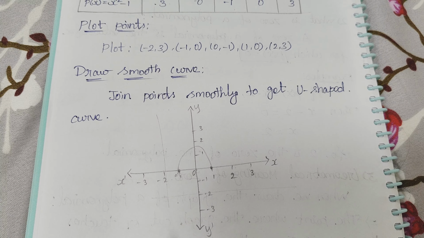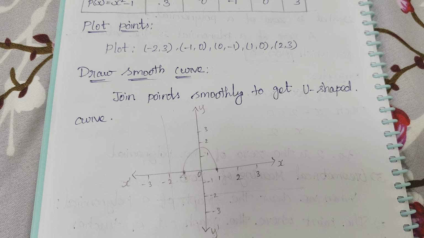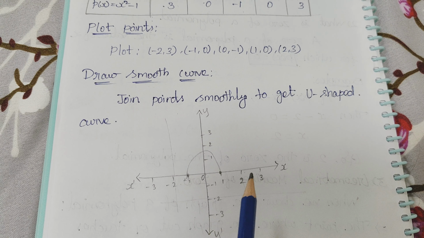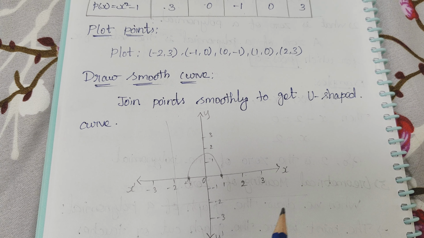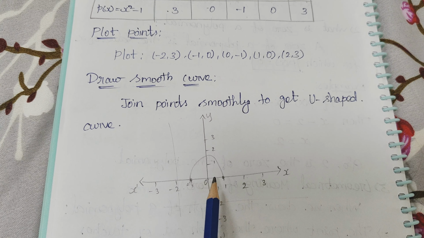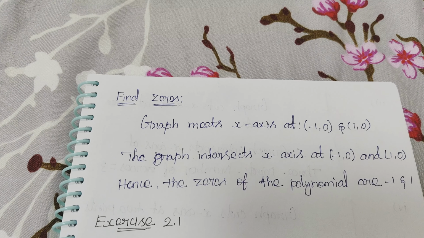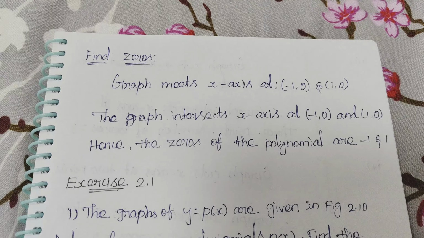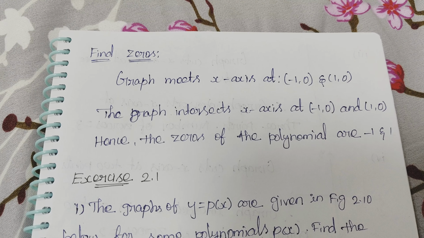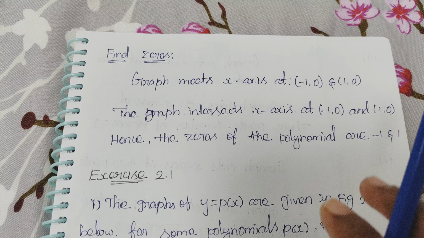From the graph, we can see that the curve meets the x-axis at minus 1, 0 and 1, 0. So the x values are minus 1 and 1. Hence the zeros of the polynomial are minus 1 and 1.